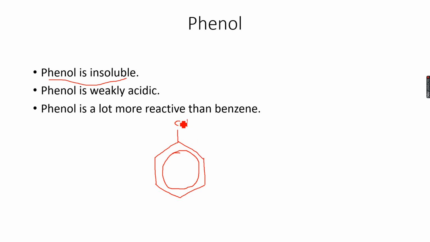So you must be wondering that we have OH over here, and this oxygen atom has two lone pairs, so it can form hydrogen bonds with water molecules. Well, the thing is that this benzene molecule is so big compared to this OH group that it disrupts the hydrogen bonding between the phenol molecules and water molecules.